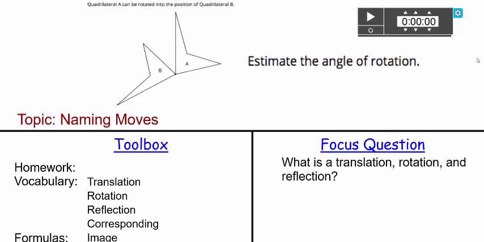So let's go ahead and start this warm-up. It says quadrilateral A can be rotated into position of quadrilateral B. Estimate the angle of rotation.